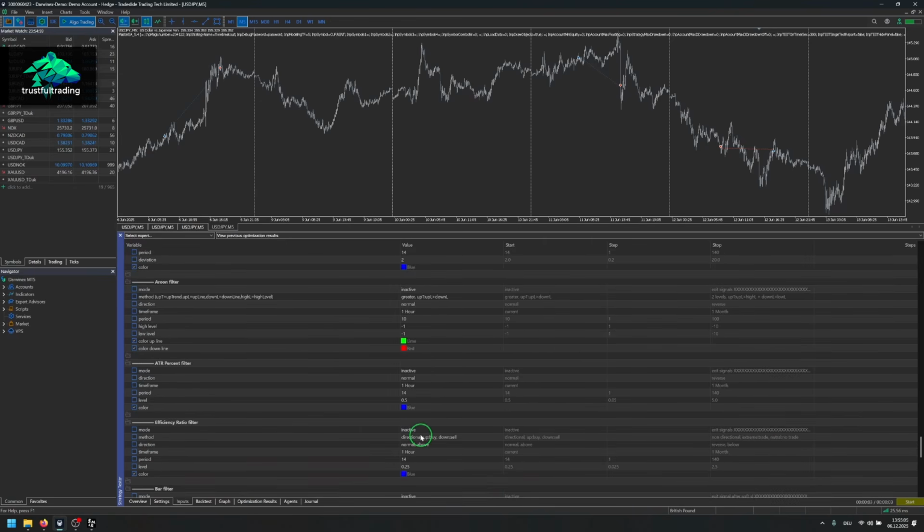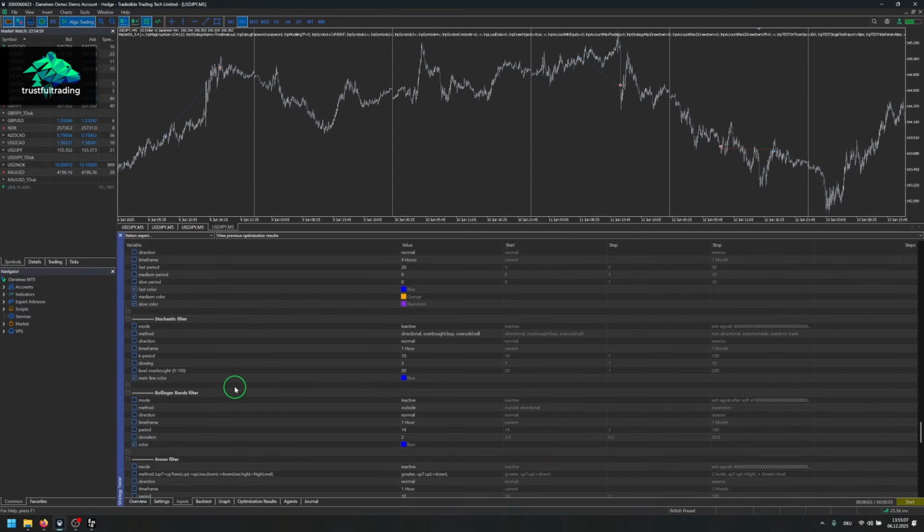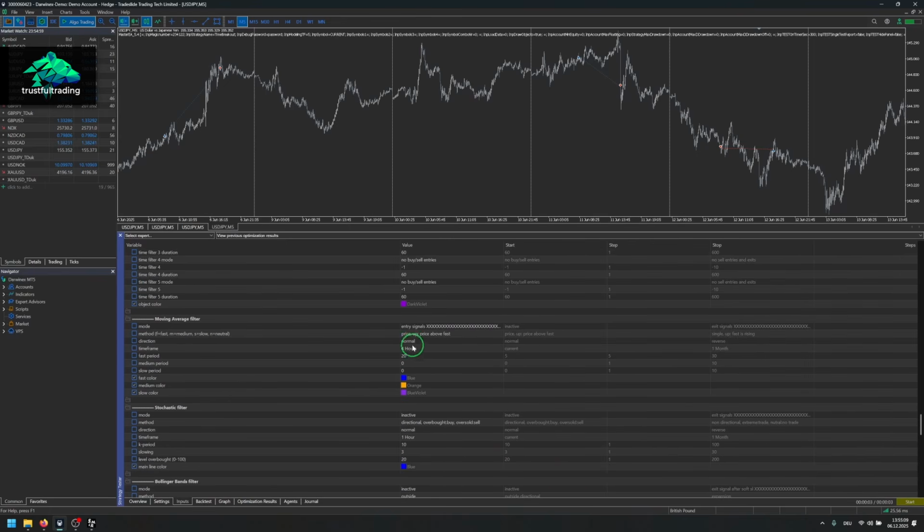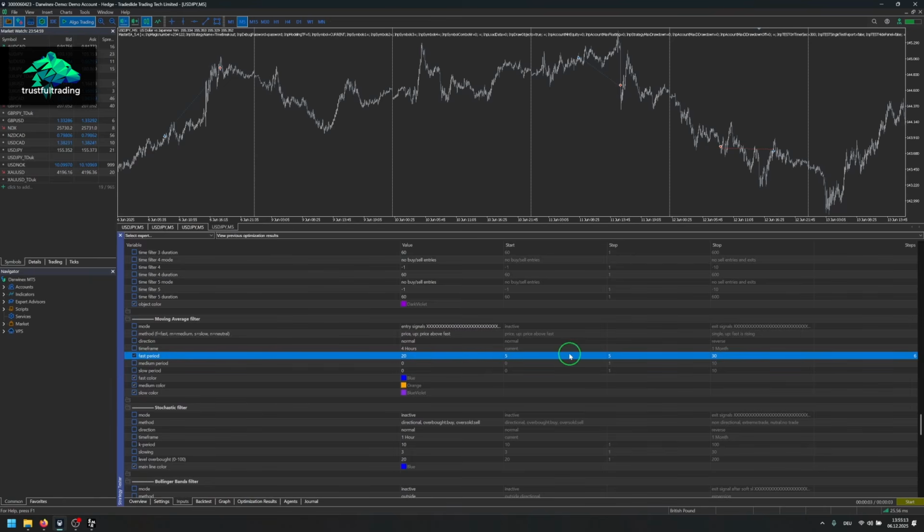Maybe we can also optimize the moving average filter. We have that here. So the period of the moving average filter, let's say we go from 10 to 50.